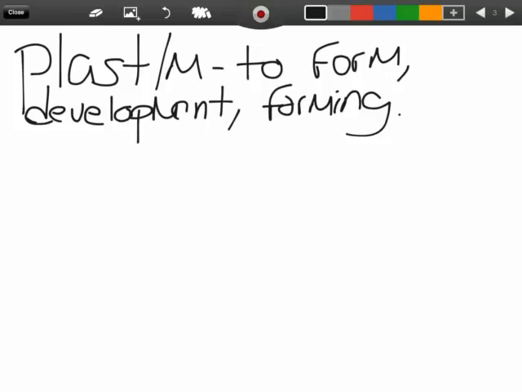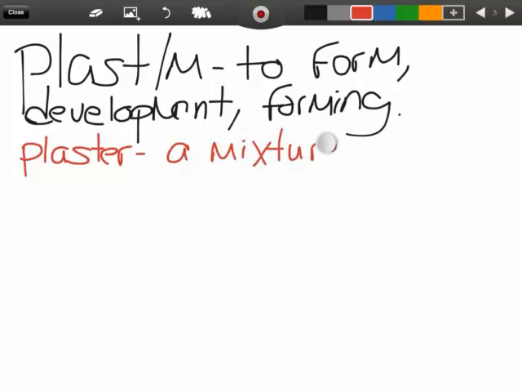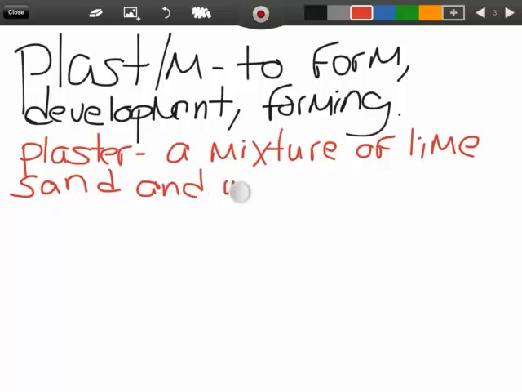One of them is plaster. Let me use a different color here. Plaster, meaning a mixture of lime, sand, and water to cover walls.